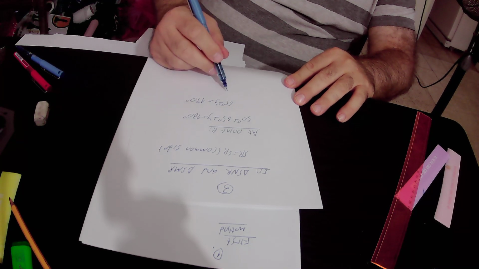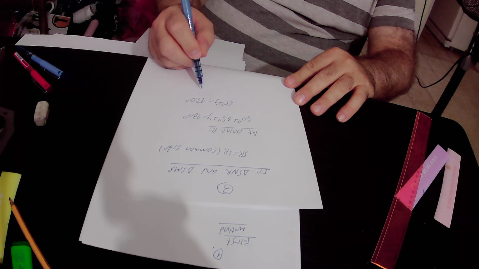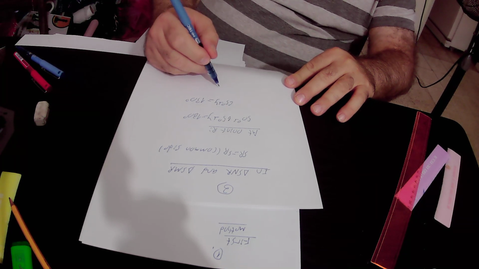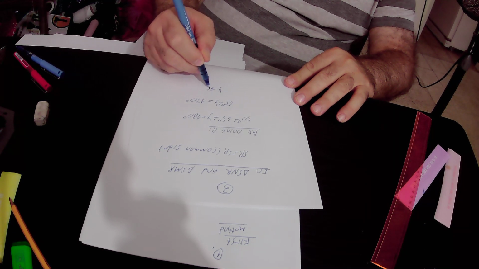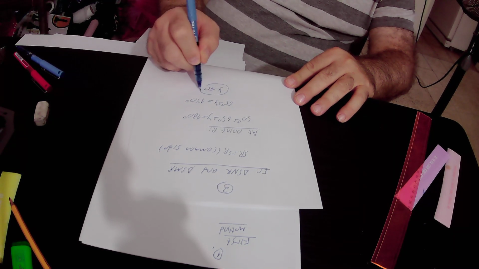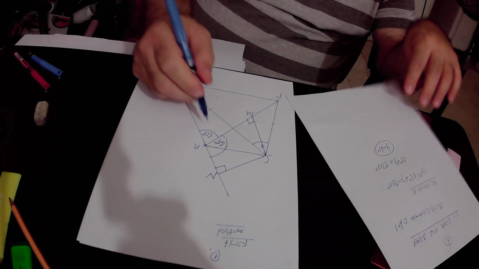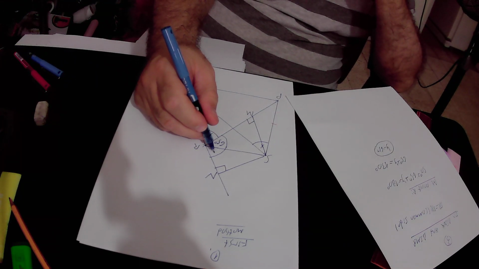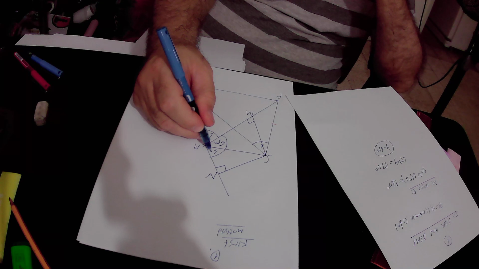Subtracting 65 degrees, we get Y equals 65 degrees. So we found that this angle equals 65 degrees.